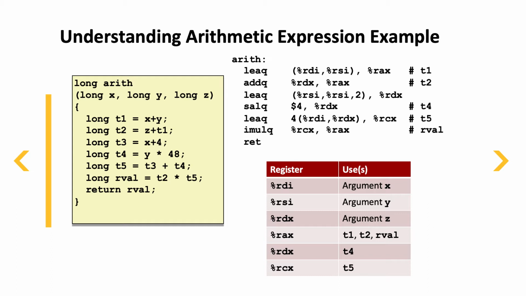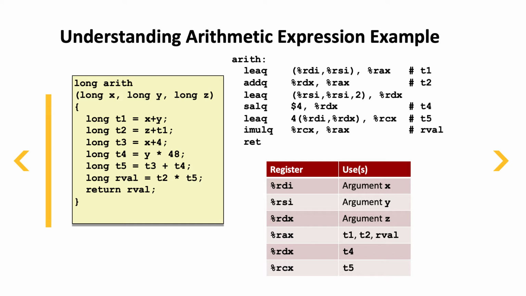Now, RAX is going to, at various times, have the value of T1, of T2, and in our return value. RDX at a point during the process will get the value of T4, and RCX will get the value of T5. And we're going to see how assembly can get clever in taking our C code and doing it in an efficient way.